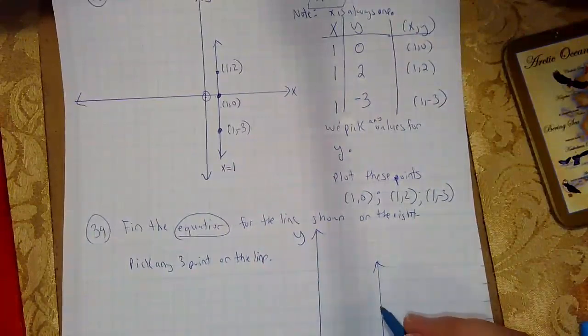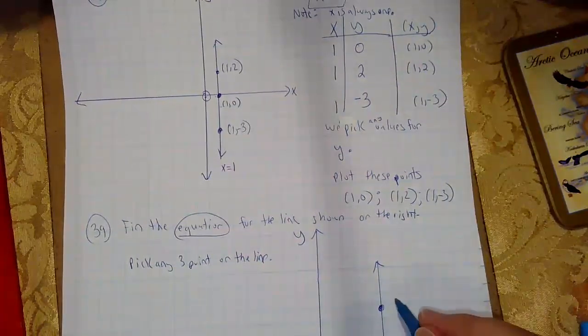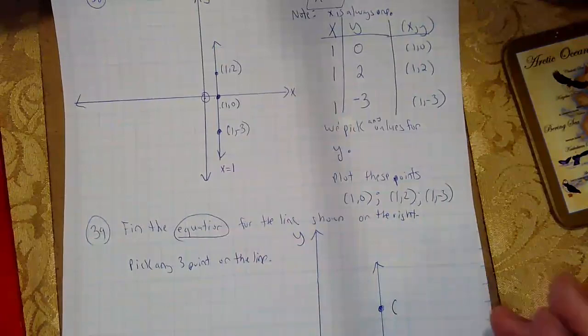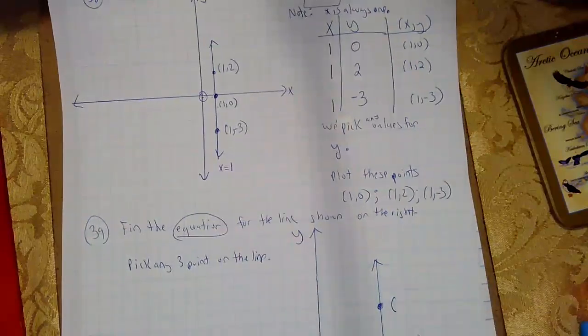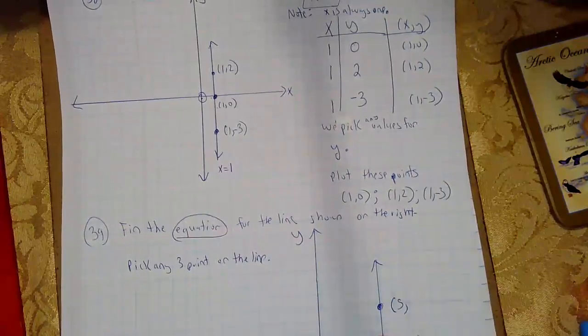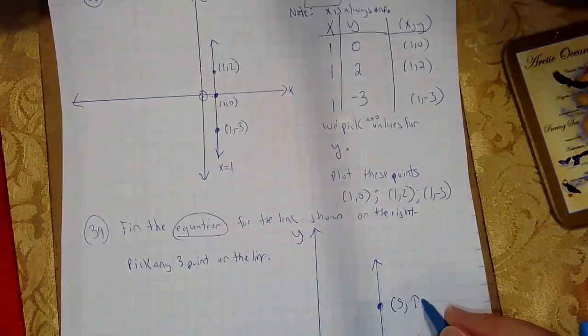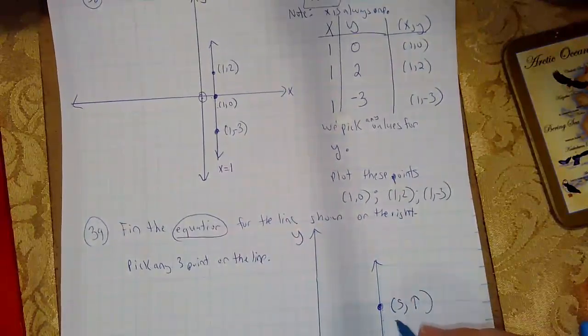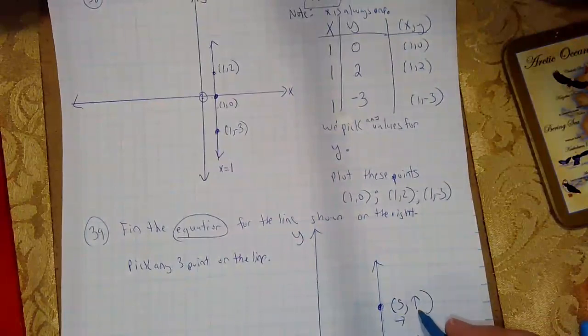And then I'll pick this point: my x again would be 5, and then my y, 1, 2, 3, 4, up.